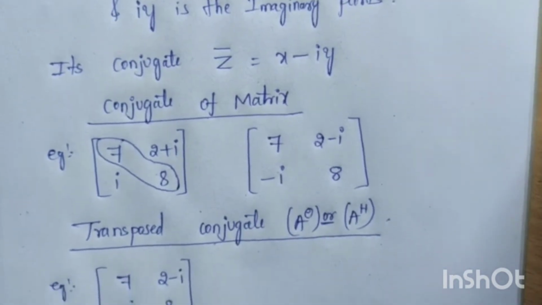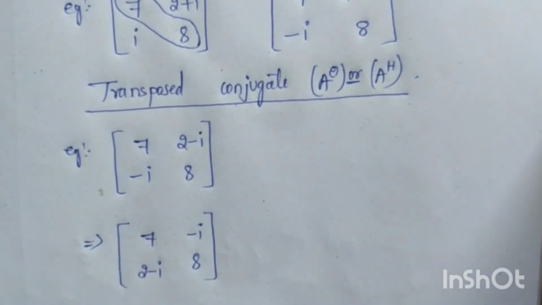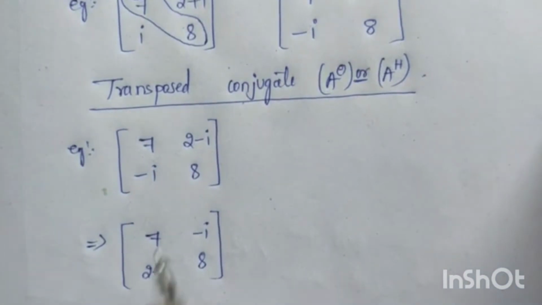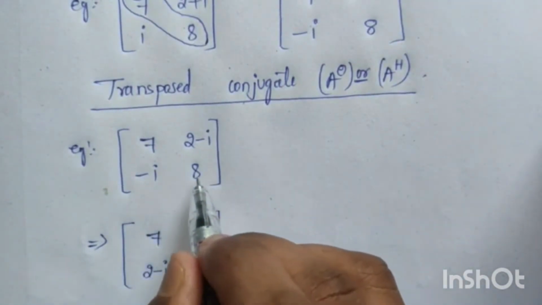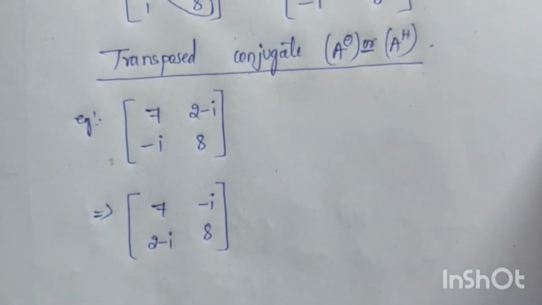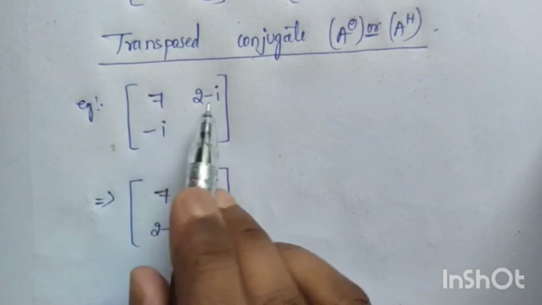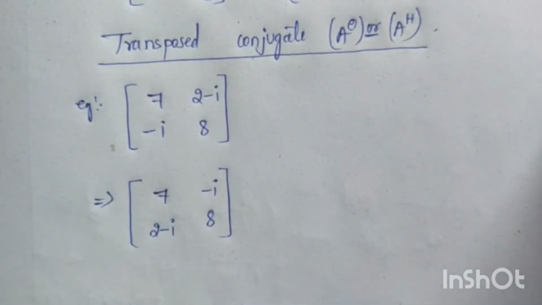The transposed conjugate is denoted by A theta or A to the power of H. For example, take 7 and 2 minus i, minus i, 8. Transpose of a matrix: first row becomes first column, second row becomes second column.